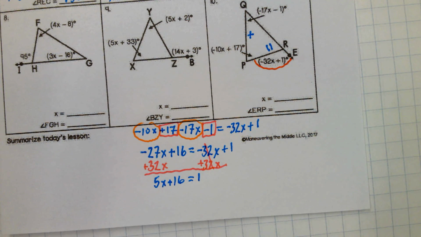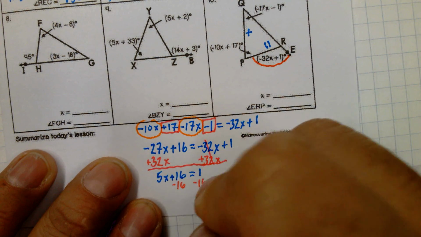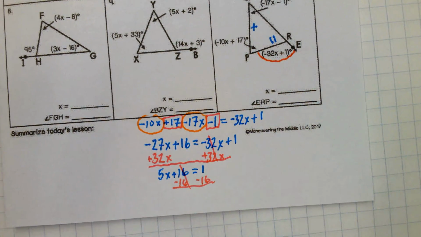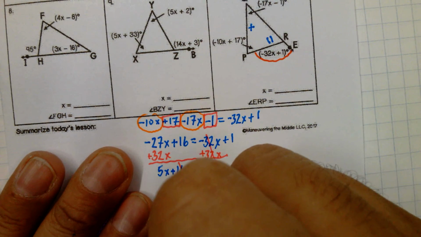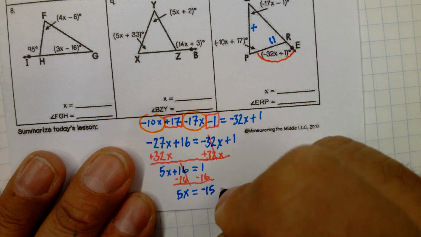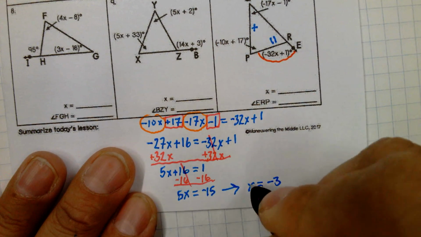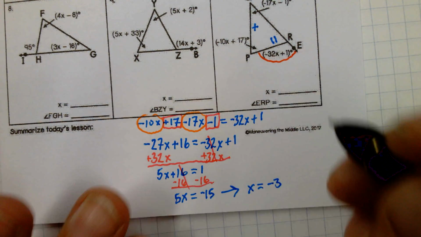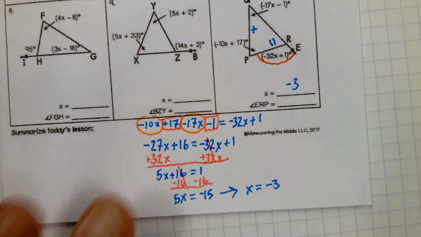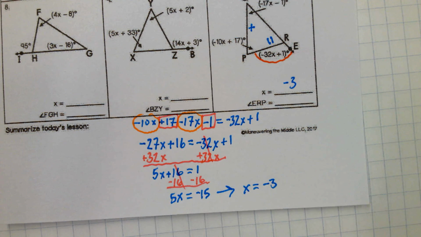Get rid of that 16. And so you get 5x equals negative 15. So x is negative 3. X is negative 3. Wow. Do we have a negative 3 in our answer? Yes, we do. Okay.